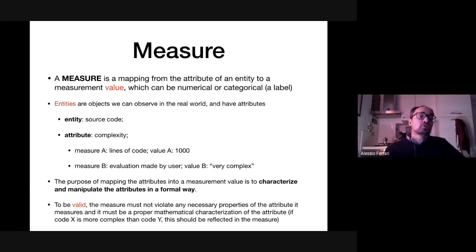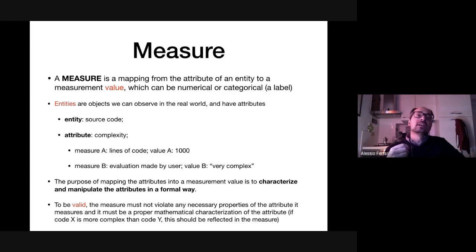I can also choose another type of measure for the same attribute. So I still have the complexity to measure, but this time I want to evaluate the complexity as it is evaluated by a user, as it is perceived by someone who reads the code. This person will not count the number of lines. This person will tell me, hey, this is very complex, or this is not complex at all.